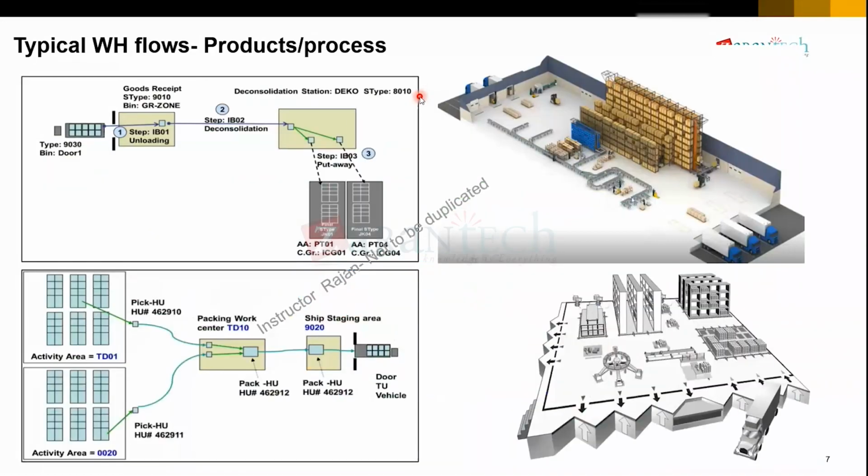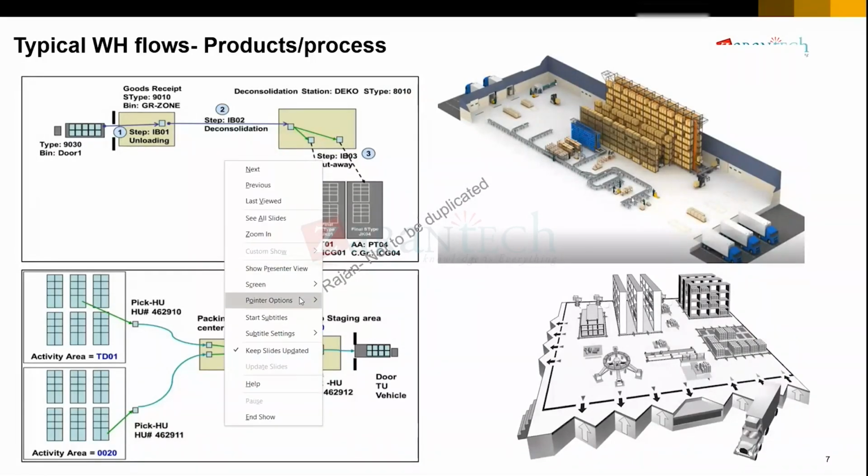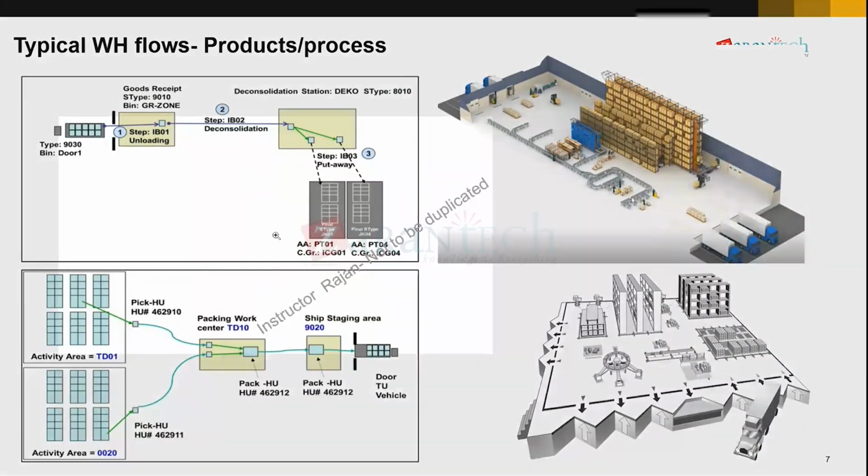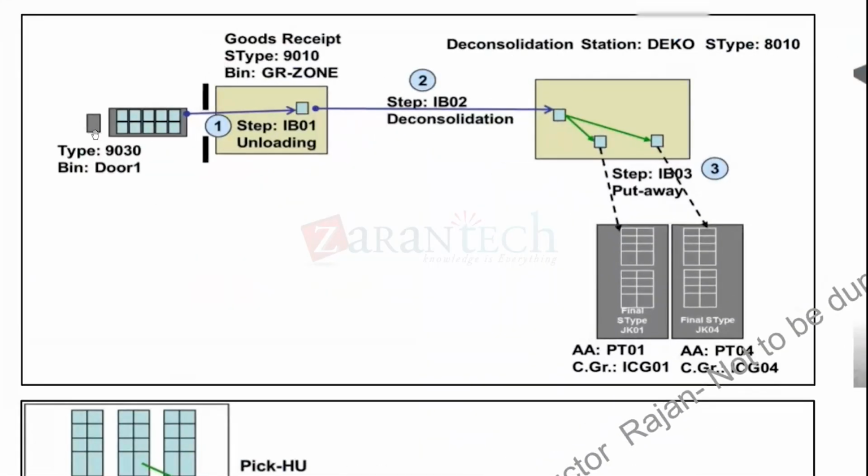Okay, so typical warehouse flows. I'll just show some flows. Here we have this transportation unit, or TU, the truck, you can say loosely. The truck is docked to the door, and then we do the unloading. Unloading is step one. From 9030, which is our door storage type, you move it to the GR staging bay.